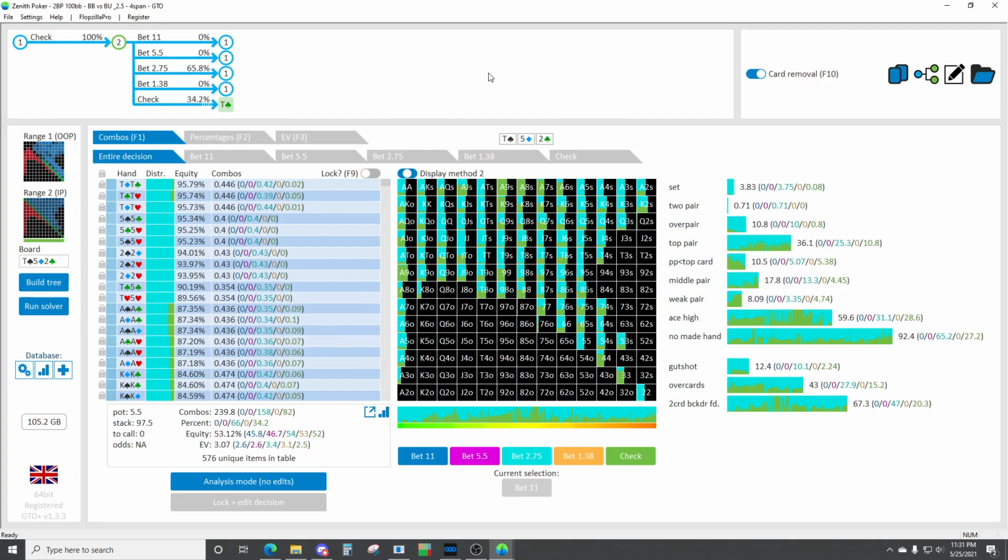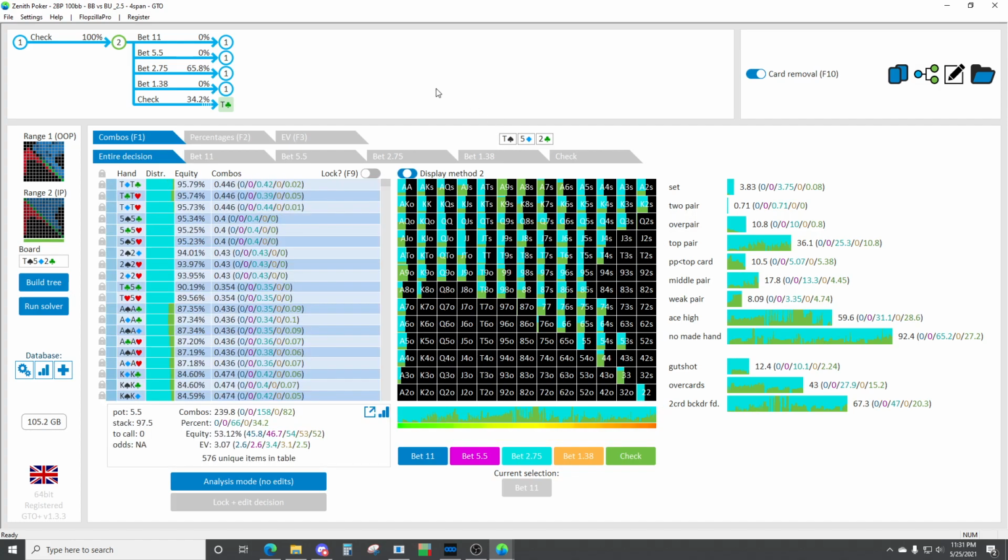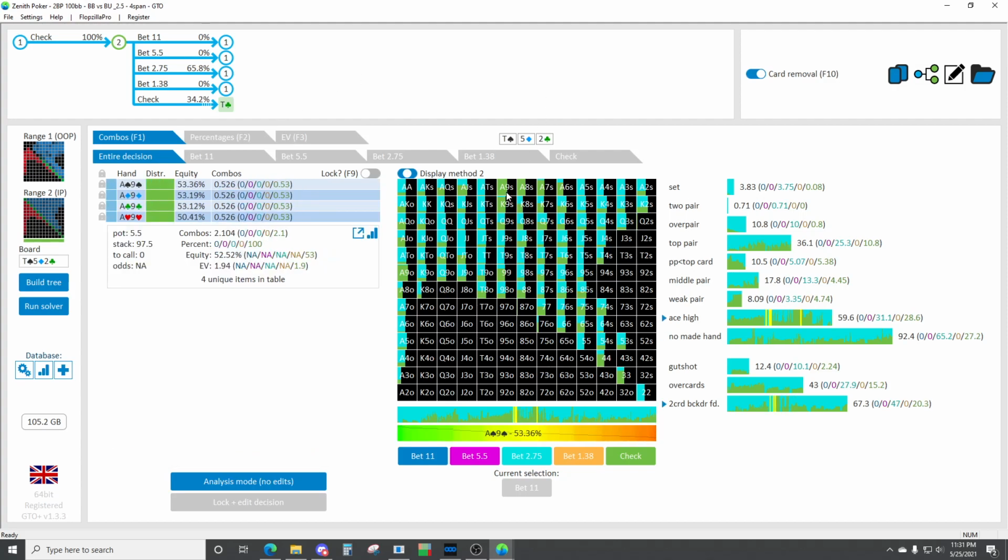A set has very little incentive to check back and see a turn, because they want to get as much money in as possible. Whereas ace 9 is a hand that only has one overcard and doesn't have a lot of backdoor stuff going on.